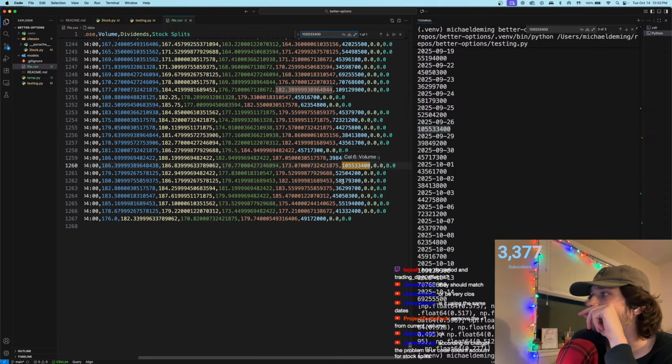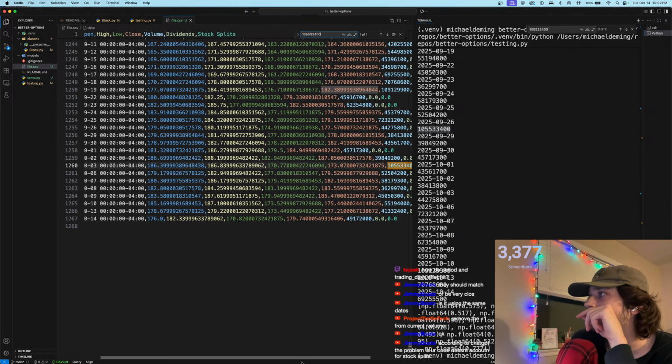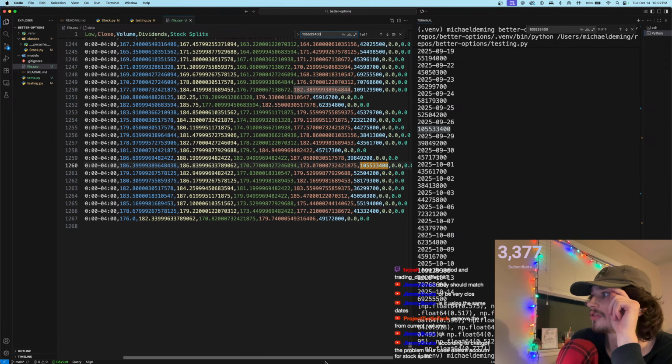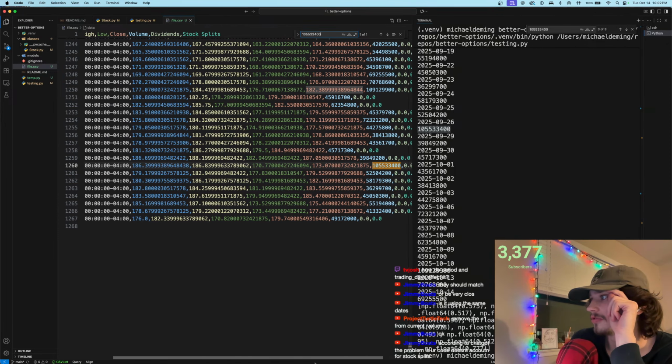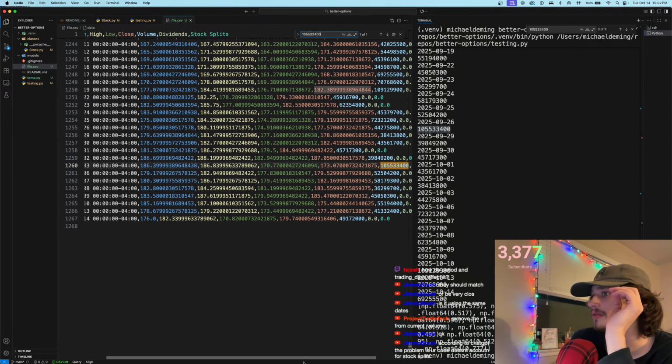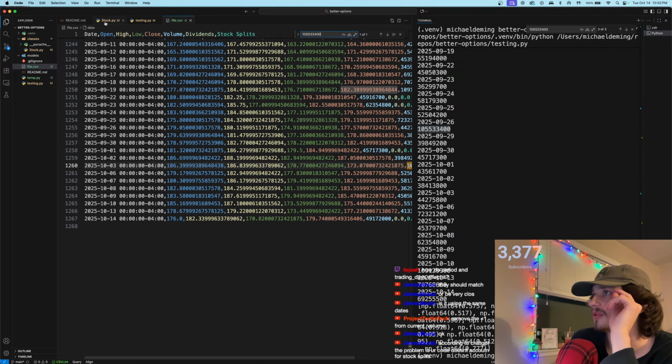It's giving us this guy, which is the volume for 10/3. Okay, so we're getting the volumes correctly. It's just mapping them incorrectly.